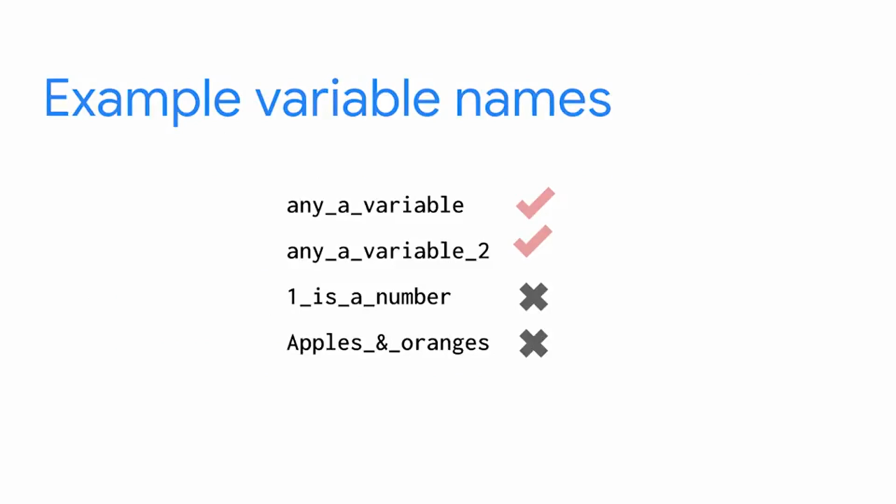However, 1_is_a_number would be invalid because variable names must start with a letter or underscore. Apples_&_oranges is also invalid because it uses the special character ampersand. You do have some flexibility when naming your variables, since these are references you create. These conventions and restrictions just help make them consistent and useful.